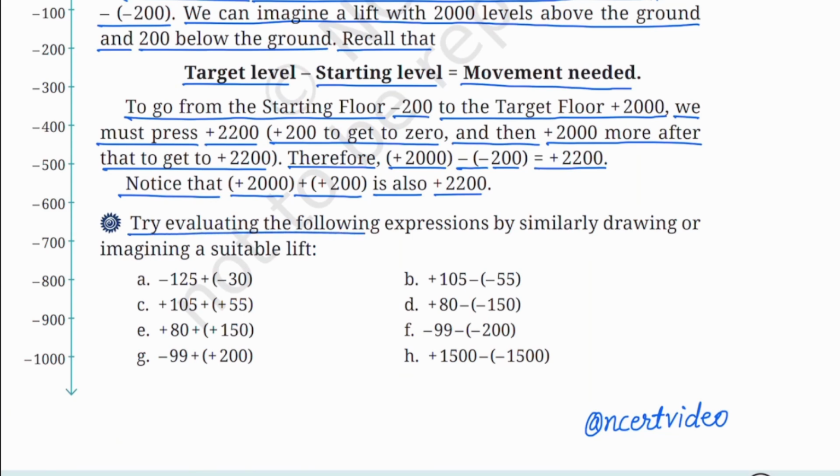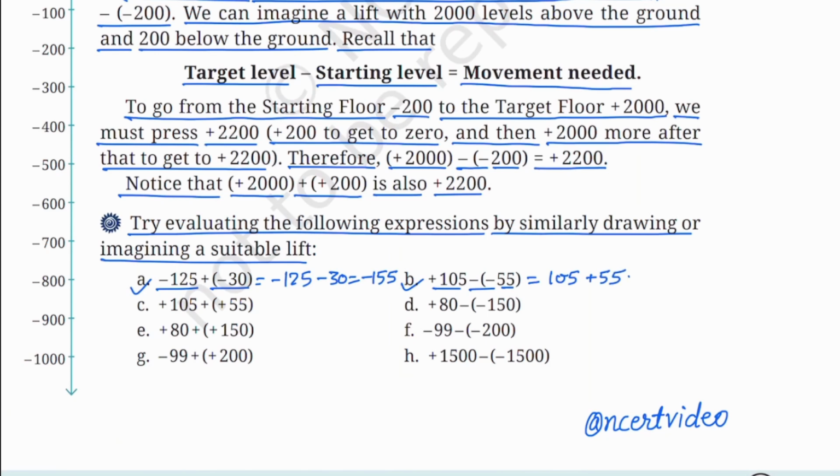Try evaluating the following expressions by similarly drawing or imagining a suitable lift. A: minus 125 plus minus 30 is equal to minus 125 minus 30, which is minus 155. B: plus 105 minus minus 55 is equal to 105 plus 55, which is 160.